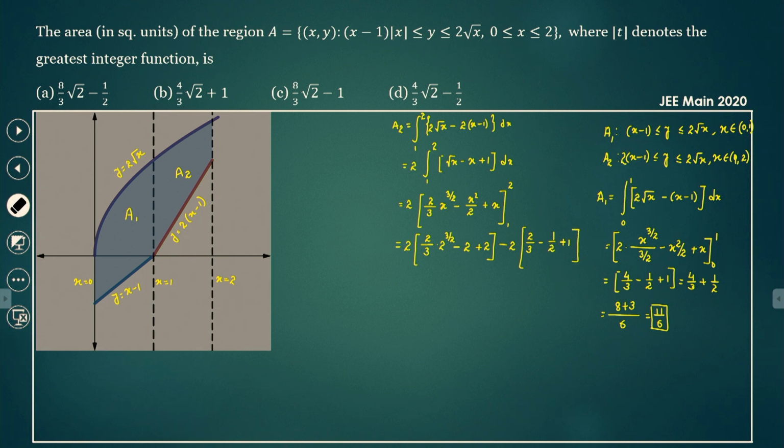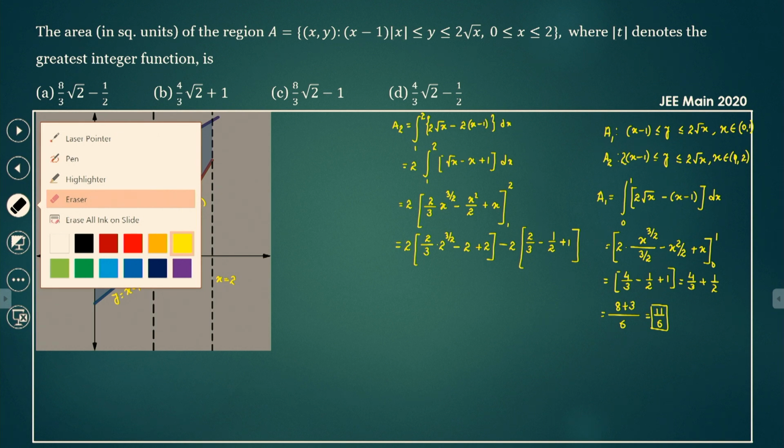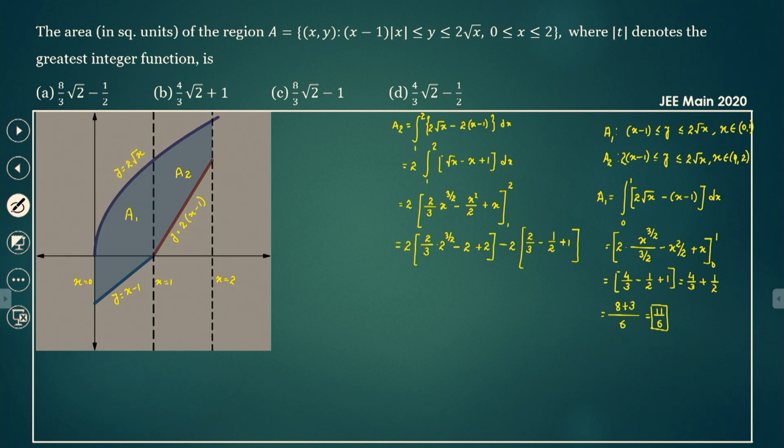Next we calculate the values. 2 to the power 3 by 2 is 2 root 2, and the next part is minus 2, and we have 2 by 3 plus 1 by 2.